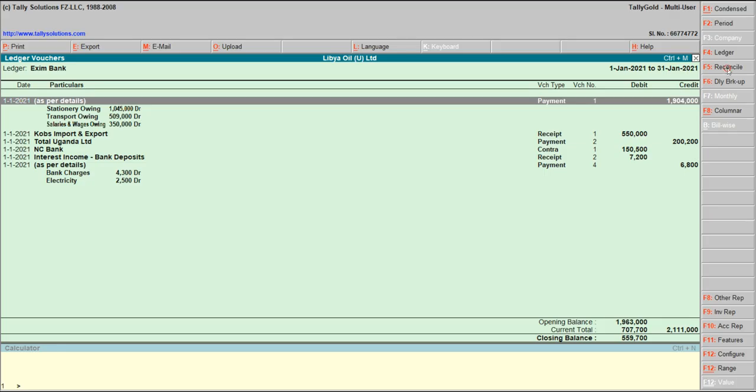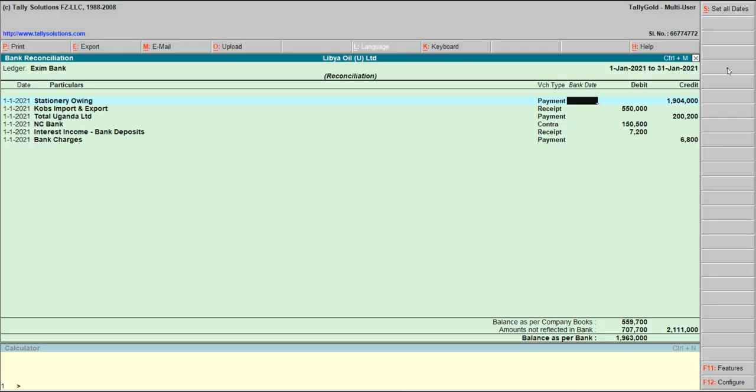On your right, you'll see reconcile. When you click on reconcile, you see that on the bank date, there is no date. Here you don't have any bank date. We are going to set all dates to 1st January 2021.